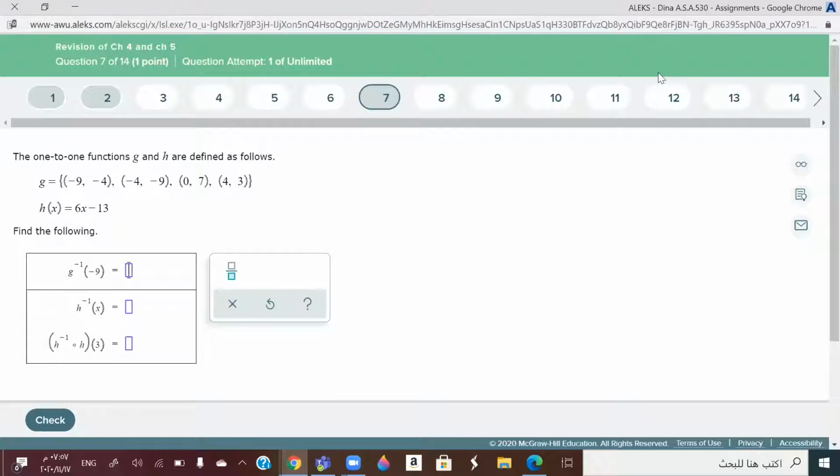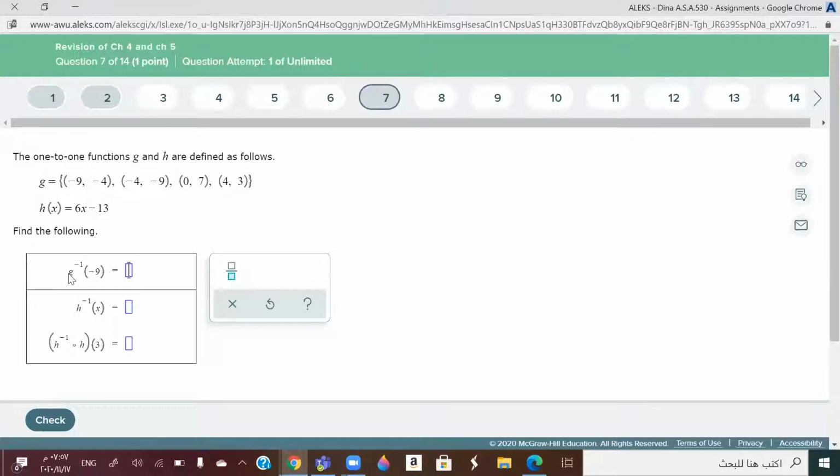So first of all, it tells you the one-to-one functions G and H are defined as follows. It gave you G as a set of points and H as a function.